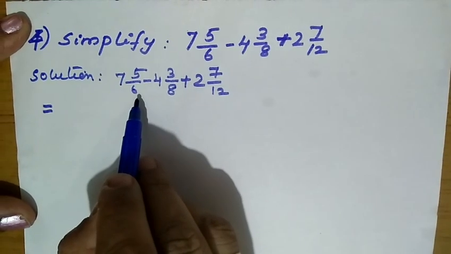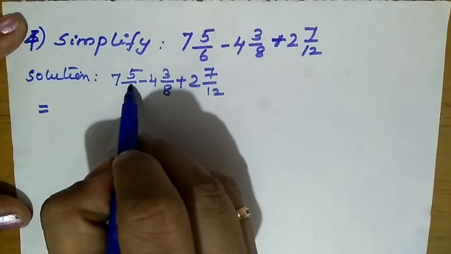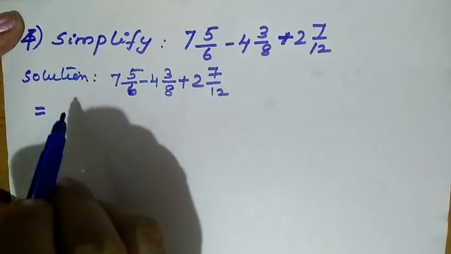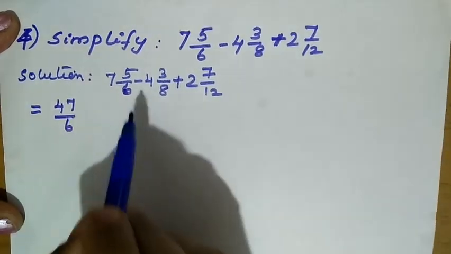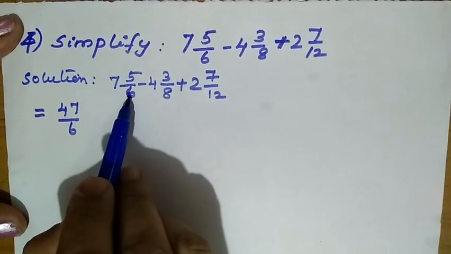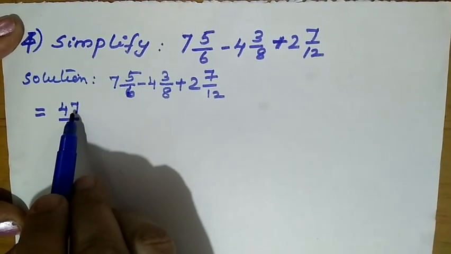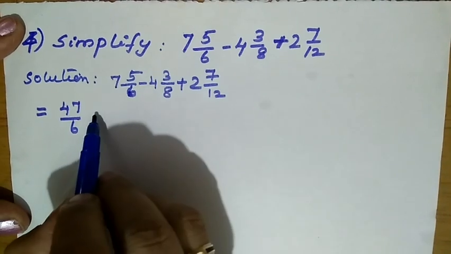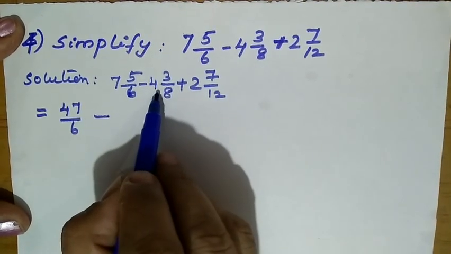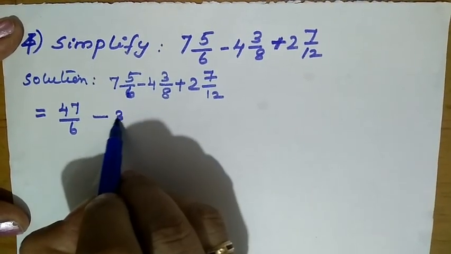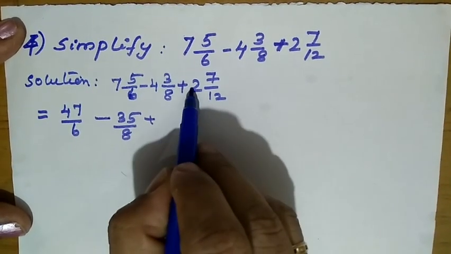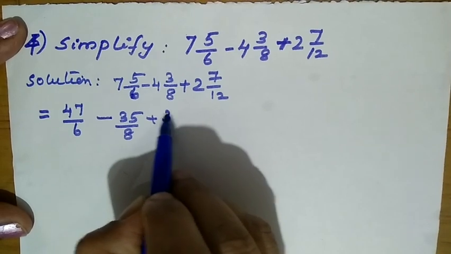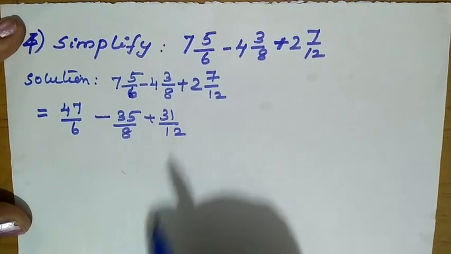Convert into improper fractions. 7 integer 5/6 can be written as 47/6. How we got it: 7 6s are 42 plus 5, 47 by 6. Similarly, 8 4s are 32 plus 3, 35, the denominator is 8. Again, 12 2s are 24 plus 7, 31 by 12.